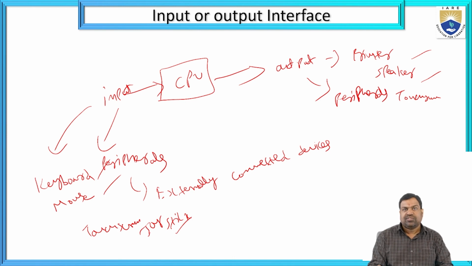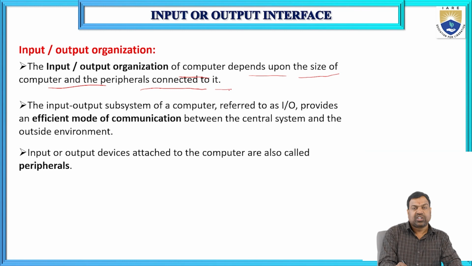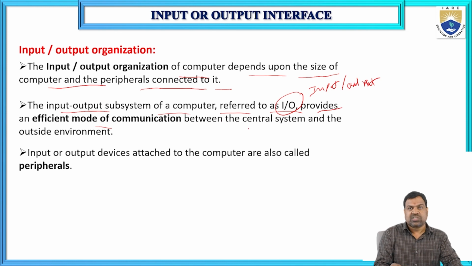So the input-output organization of a computer depends upon the size of the computer and the peripherals connected to it. The input-output subsystem of a computer, referred to as I/O, means input or output, provides an efficient mode of communication between the central system and the outside environment.